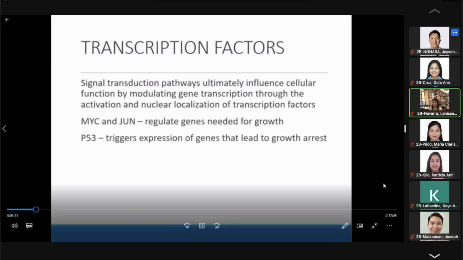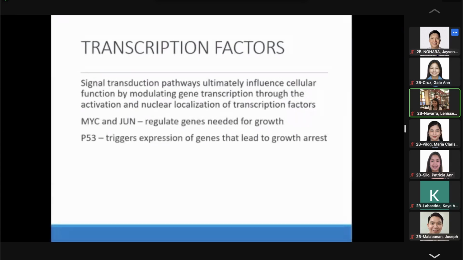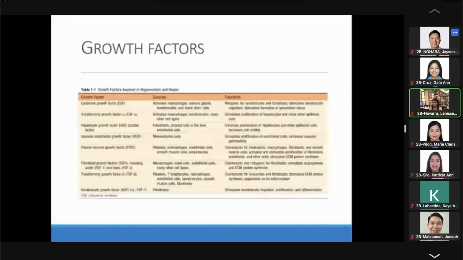And among the transcription factors, MYC and JUN regulate genes that are needed for growth. And TP53 triggers expression of genes that lead to cell inhibition or growth arrest.